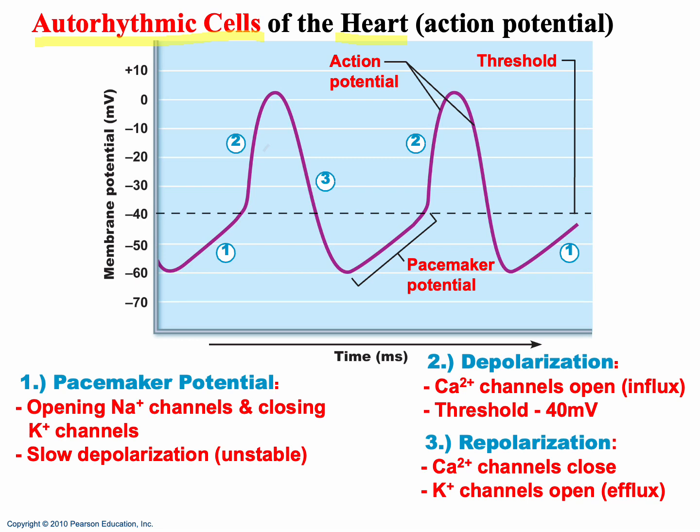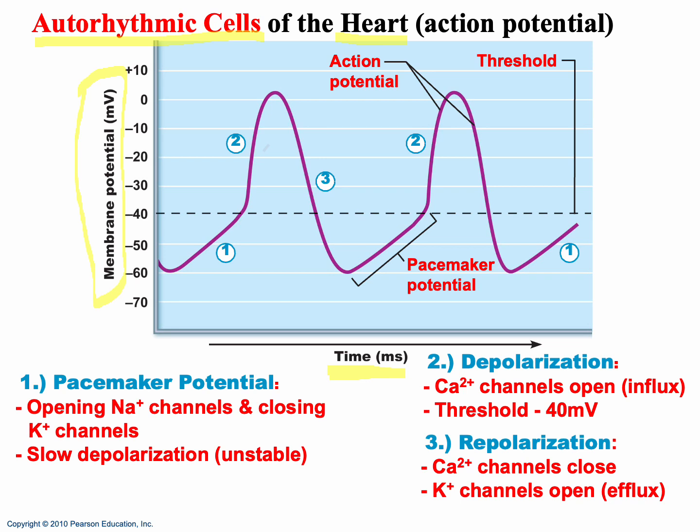Axes are the same though, right? We have our x-axis, time in milliseconds. We have our y-axis as membrane potential in millivolts. But you'll notice that the stages are either in a different spot or even a totally different name and concept.